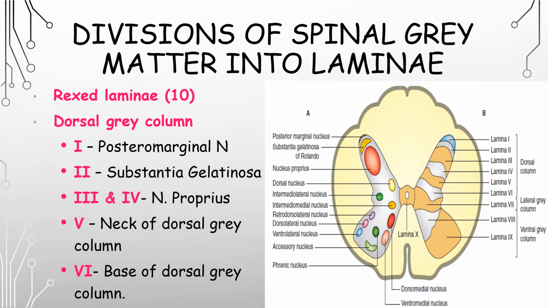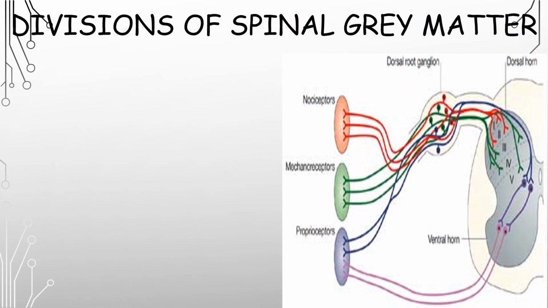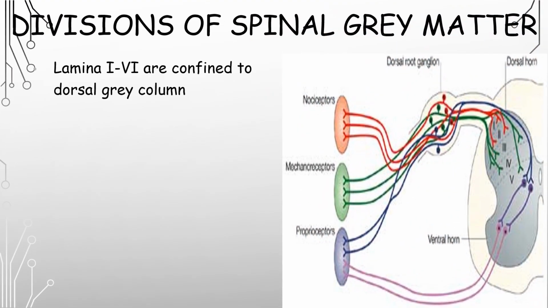The afferent fibers carrying the cutaneous sensations end predominantly in laminae 1 to 6. Proprioceptive impulses reach laminae 5 and 6, and these also receive numerous fibers from the cerebral cortex. So laminae 1 to 6 are the dorsal gray column.